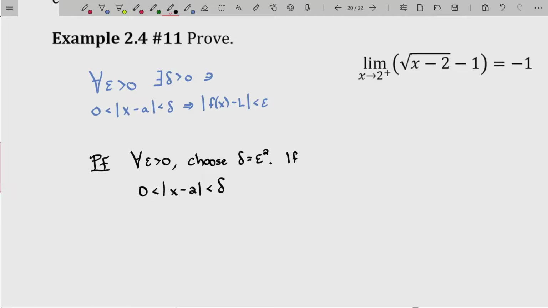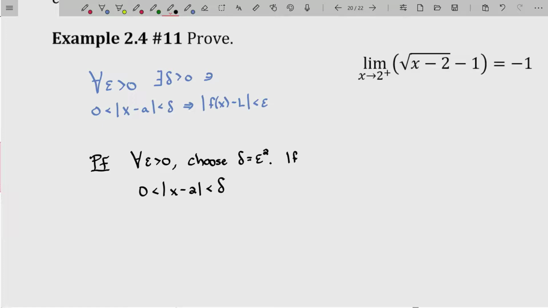You're absolutely right. If x is approaching 2 from the right-hand side, those absolute values are unnecessary. But just like the absolute value of 3 is the same thing as 3, I'm pretty okay with leaving the absolute values there.